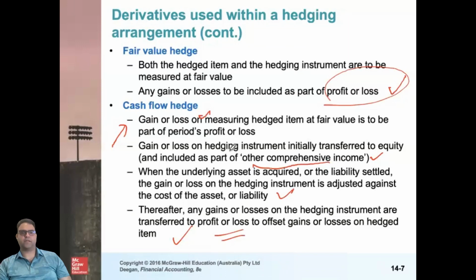Whereas fair value hedging goes directly to your profit and loss, but in cash flow hedging, it has to go through different steps: first equity, then the asset, and then the profit and loss. So these are the three steps that you need to make while doing the hedging.